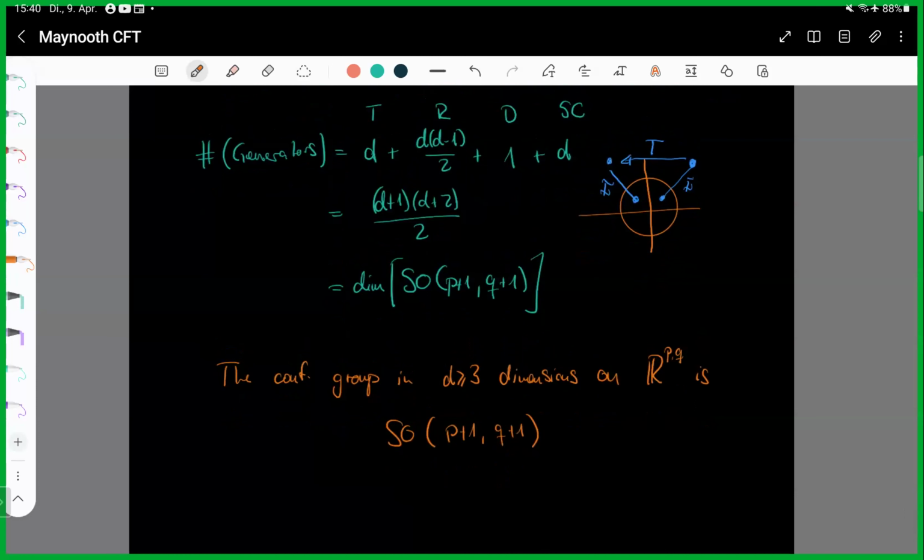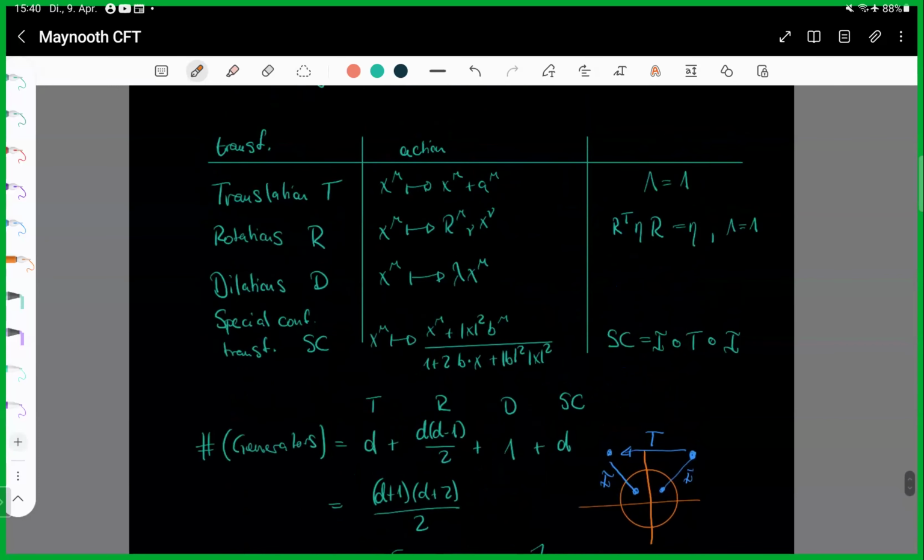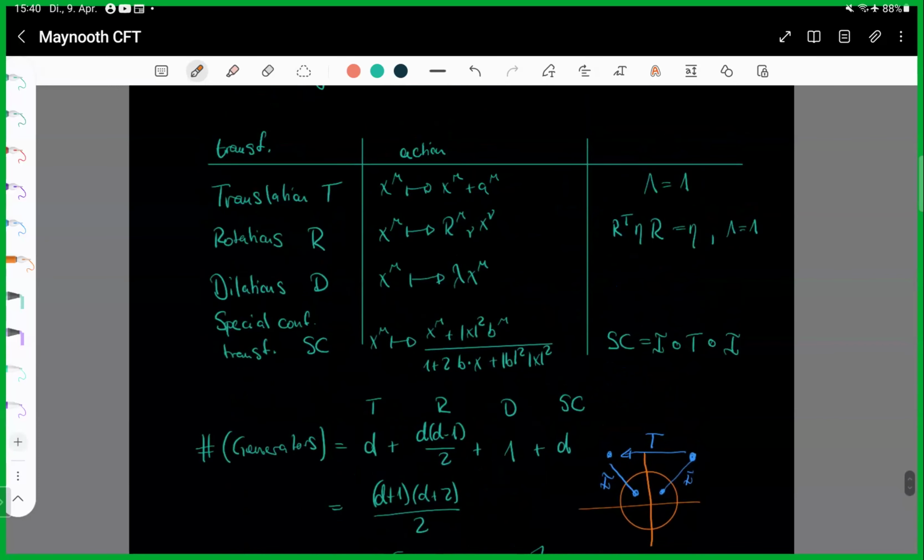Hello, I have a question regarding the definition of the special conformal transformation. B mu, sorry, I'm thinking as a physicist only, but B mu is exactly like the inverse of X mu in units. So what is exactly B? B is basically a translation. Let's see the units.